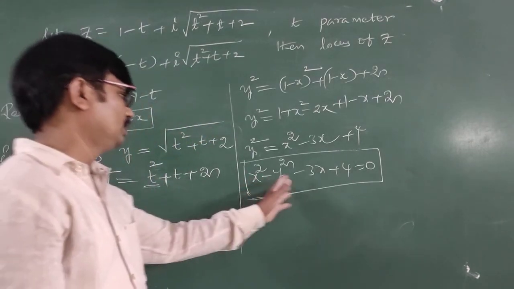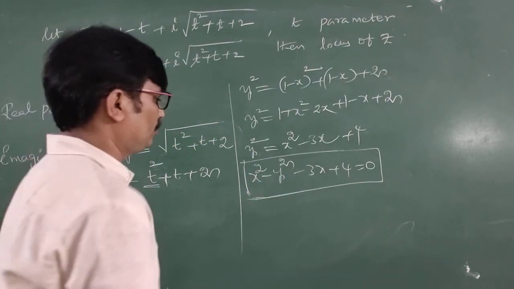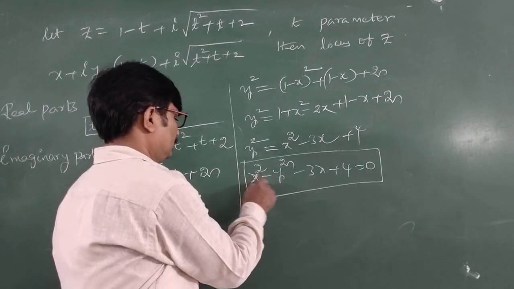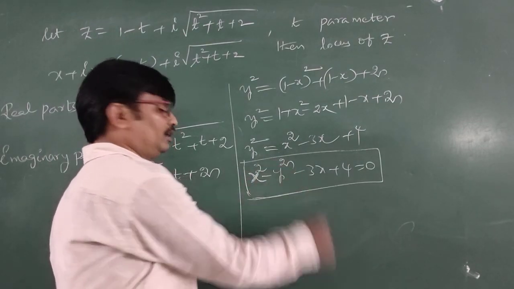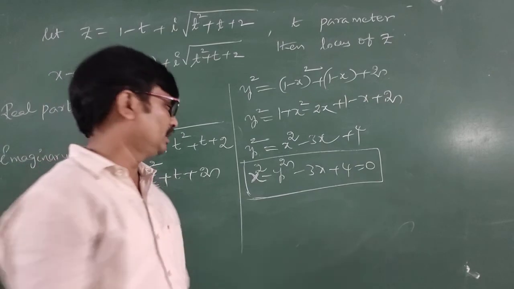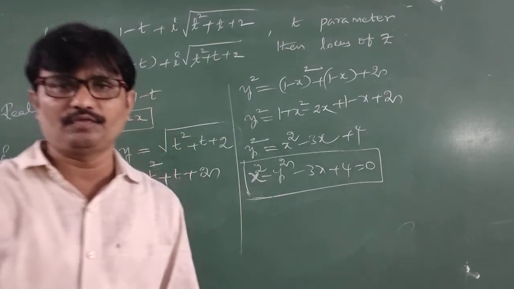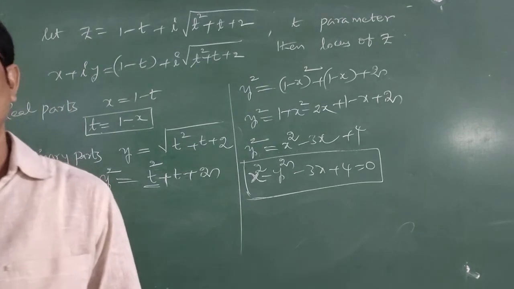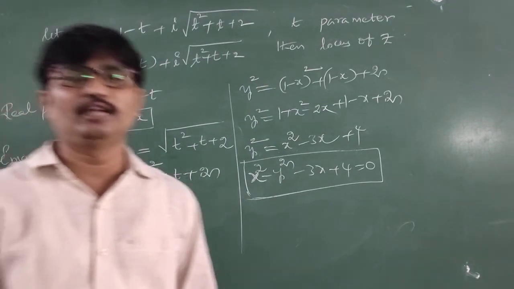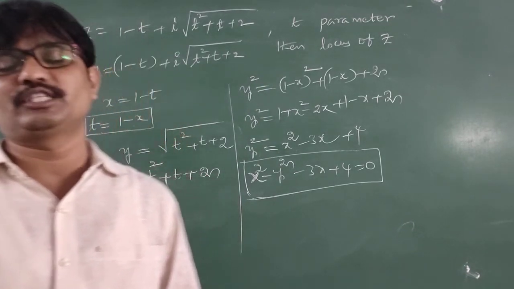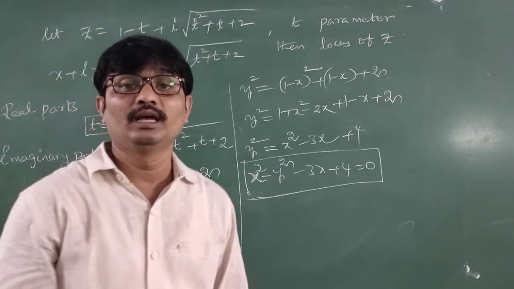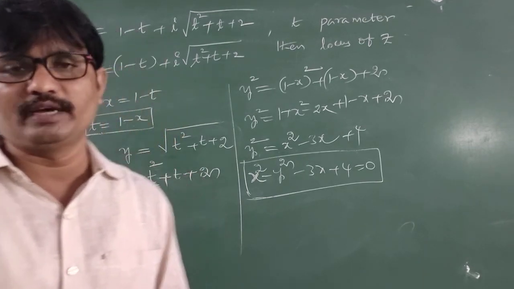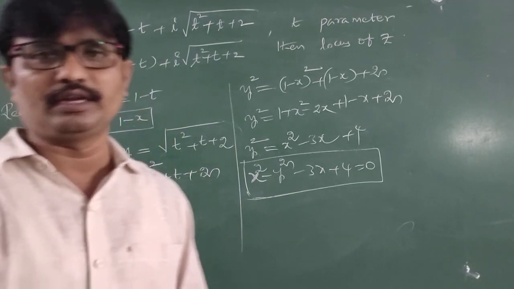This is a rectangular hyperbola. Let me explain from coordinate geometry. The standard form of the parabola is y square = 4ax, the standard equation of the ellipse is x square by a square + y square by b square = 1, and the hyperbola is x square by a square - y square by b square = 1.